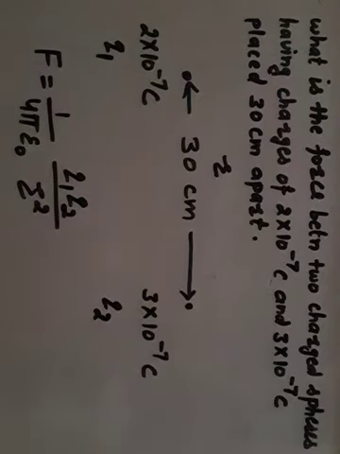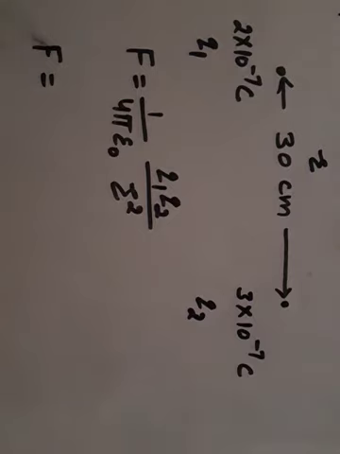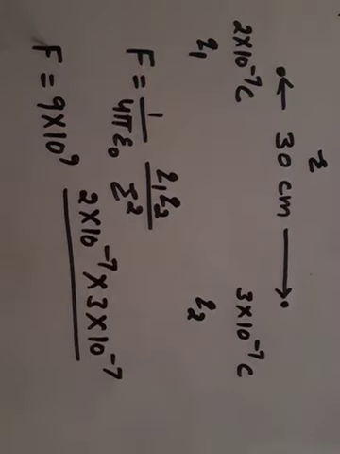Now put the values of different terms in this relation. The value of 1 upon 4 pi epsilon naught is 9 multiplied 10 power 9 in SI system, and the values of q1 and q2 are 2 multiply 10 power minus 7 and 3 multiply 10 power minus 7.